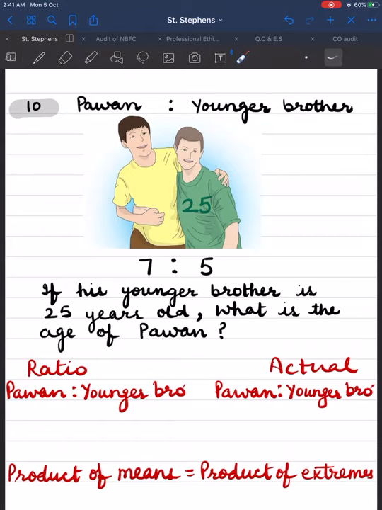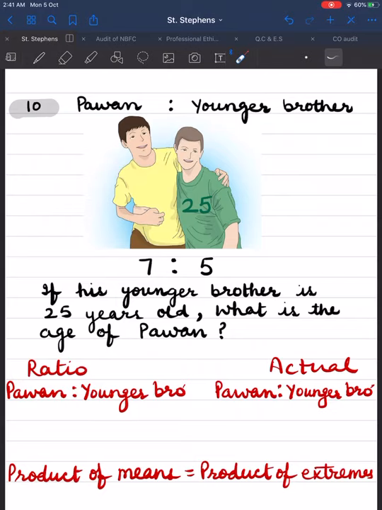Now let's do question 10. The ratio of Pawan's age to the age of his younger brother is 7:5. Now if his younger brother is 25 years old, find out the age of Pawan.